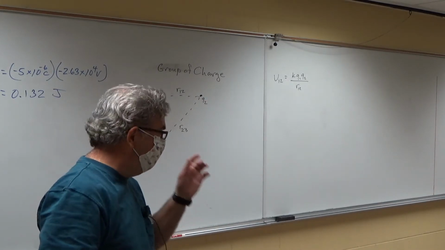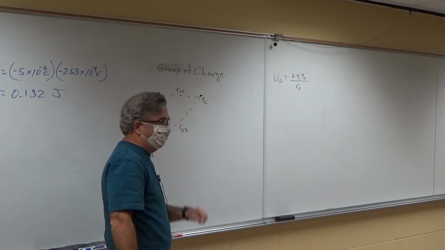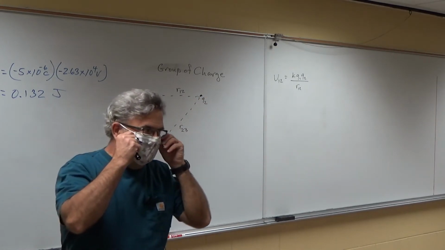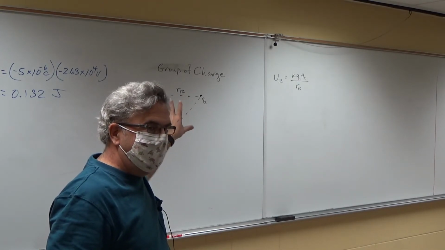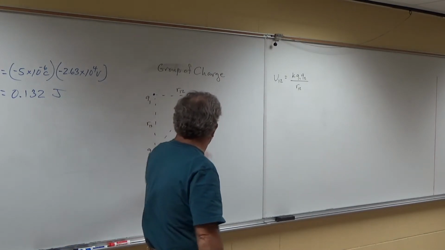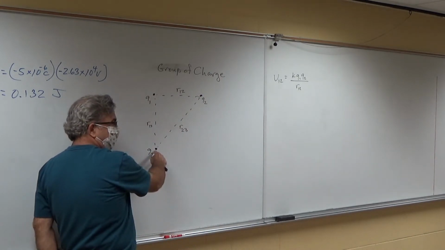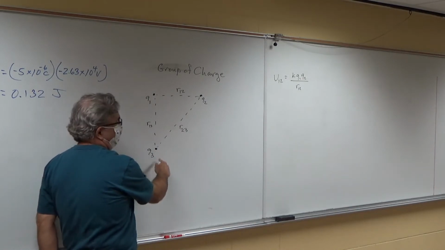To put that charge at this position, I had to work against both of these charges. So the energy stored in this collection of charge is whatever I have stored up here, plus the energy that it takes to place the charge Q3 right here.